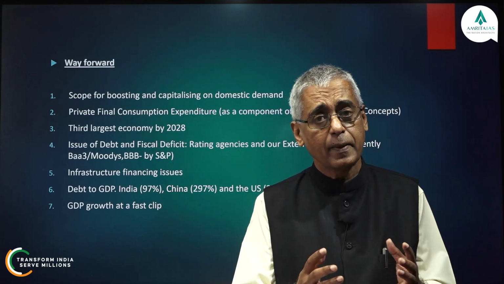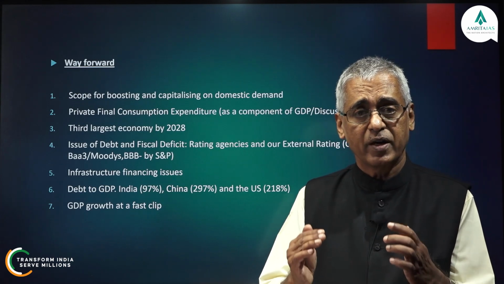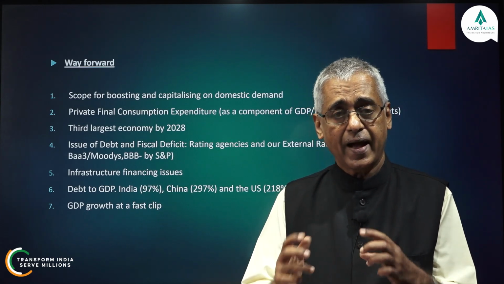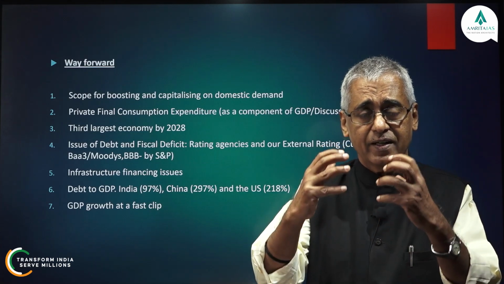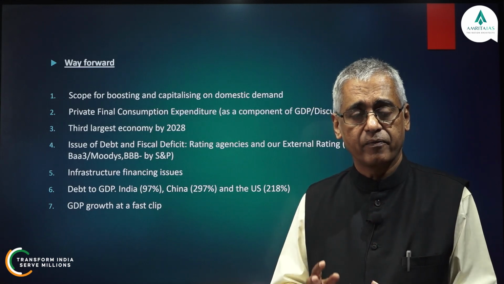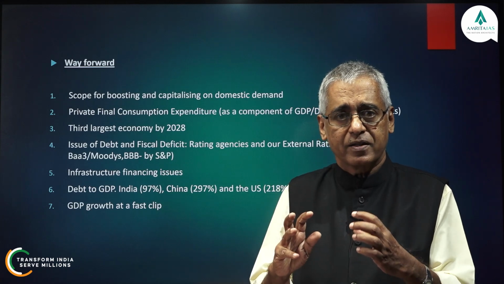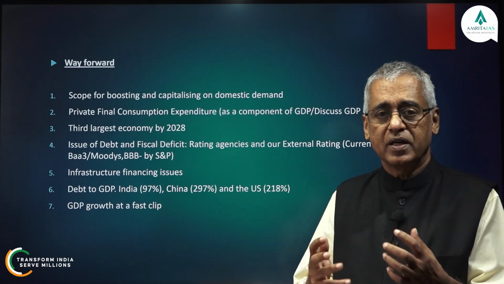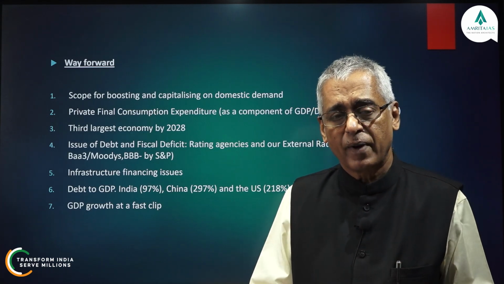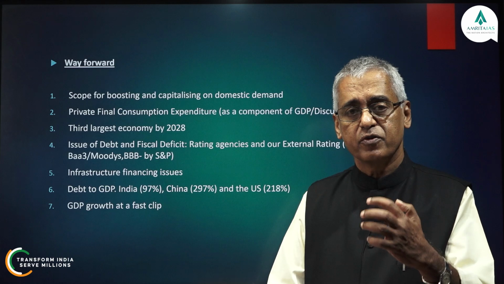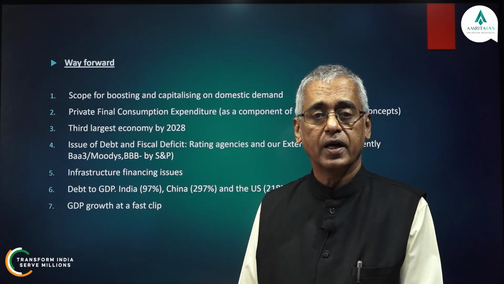I would like you to think that if we are going to become the third largest economy by 2028, and if the other two countries ahead of us have funded their way to growth, as it were, through a debt-propelled path, we need to be thinking of what will be the path that we will follow in future in order to catch up with them, because we have to achieve GDP growth at a fast clip.